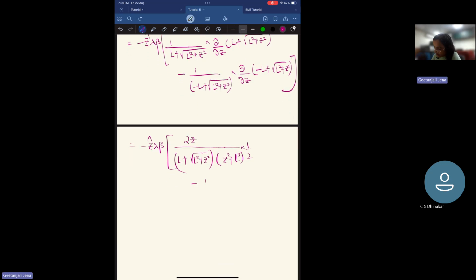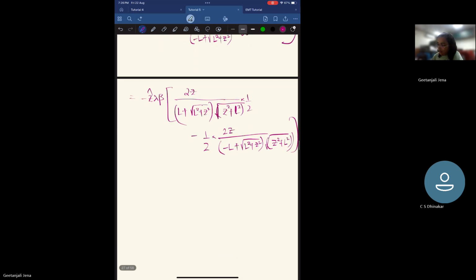Similarly, for the second, it's the same: z over minus L plus square root L square plus z square, plus L square. Just solve it, simplify it.